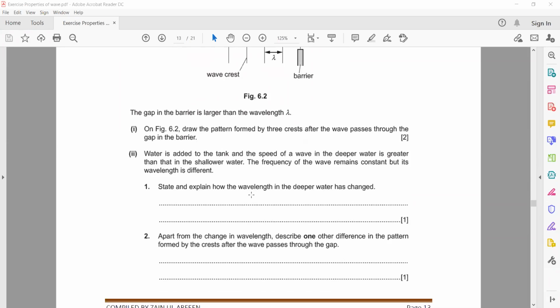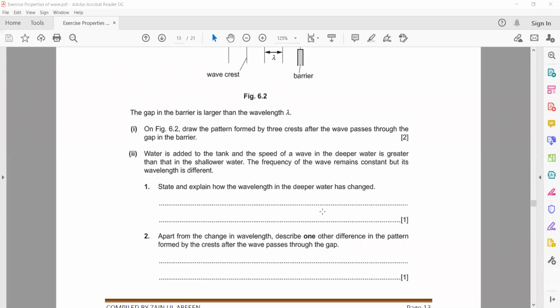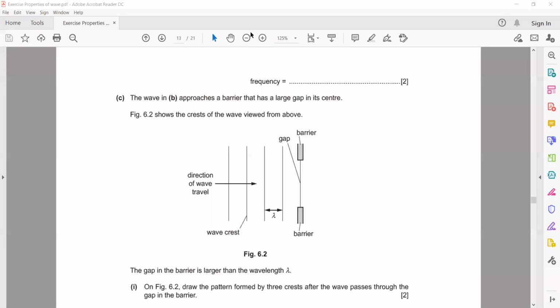State and explain how the wavelength in deep water has changed. So what happened to the wavelength? The wavelength will increase. Apart from a change in wavelength, describe one other difference in the pattern. Now, what will be the other difference in the pattern? Because now it's in a deep region, the wavelength is longer.